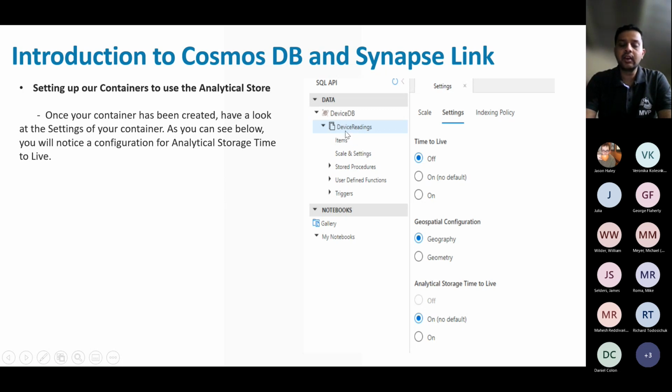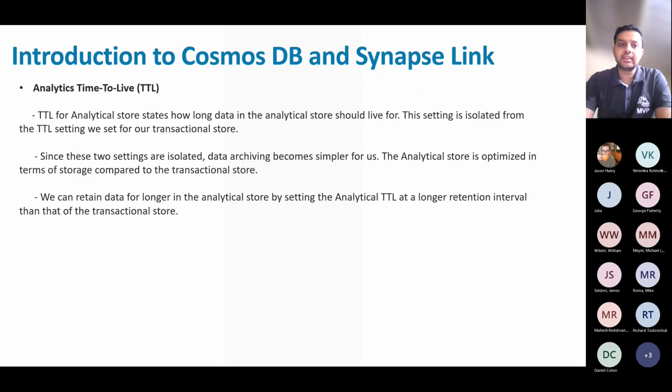And when you click on device readings, because we have enabled Synapse link and analytical store, you have the option to set these features: time to live, geospatial configuration, and analytical storage time to live. Based on the requirement, we can also enable these features. And we will also deep dive further into what these features are all about and how we should configure them to meet our project needs.